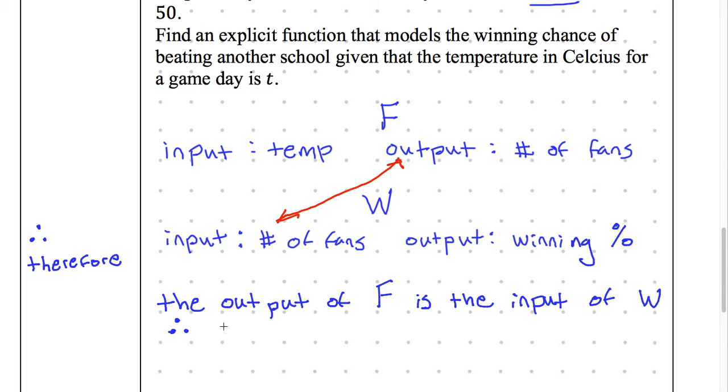Therefore, F can be inside W. Like that.